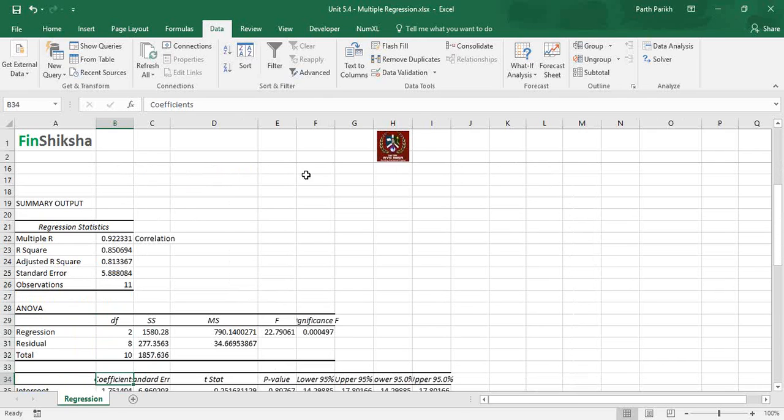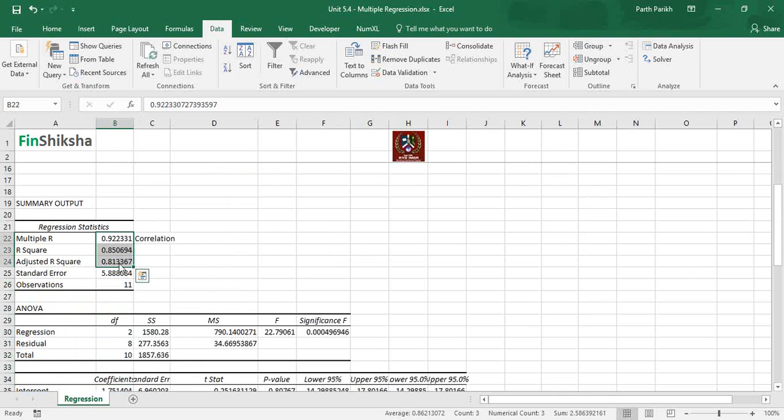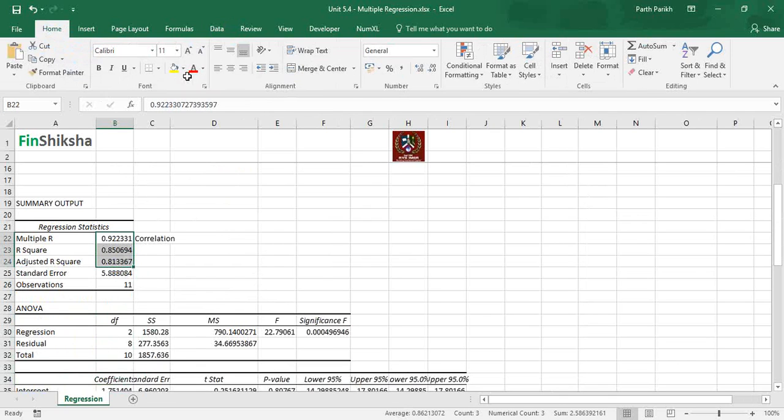My significance F, so I have to check these variables over here. Significance F is less than 0.05, which basically means that the regression we have got here is not by chance. The output is not by luck. So the regression is good. That's what it's basically trying to say. So you can trust the regression.